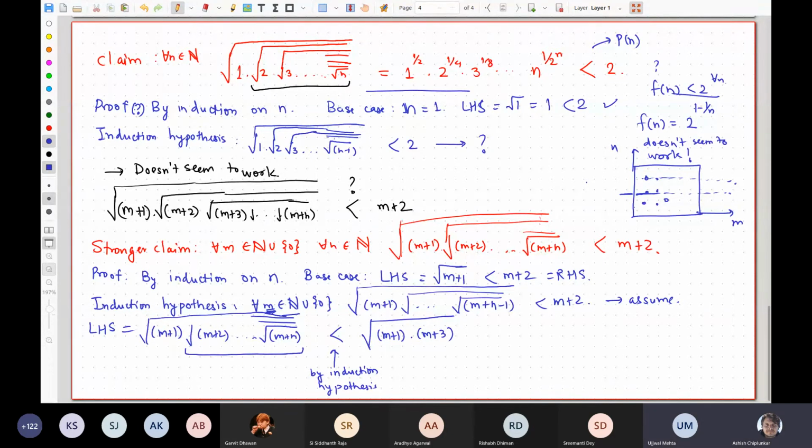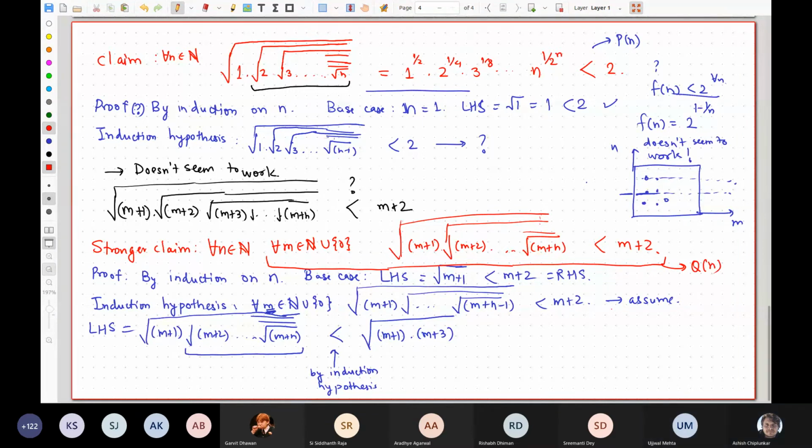Acha. Okay, so let me just change the order of this. Let me slightly modify this. For all n in capital N, for all m in N union 0, something happens. So now this whole thing, for all m something happens, is my Q of n.